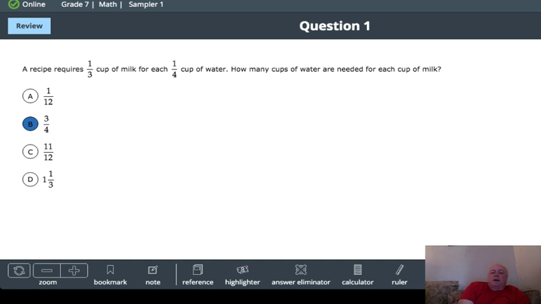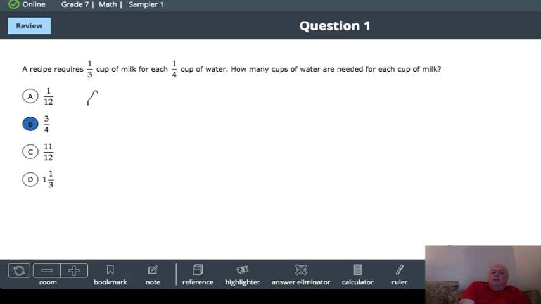There's also a second way to do it, which is to set up ratios. Give me a second till I get this tool going.